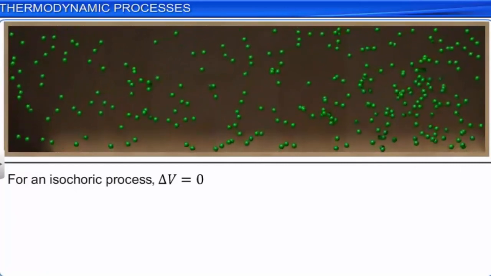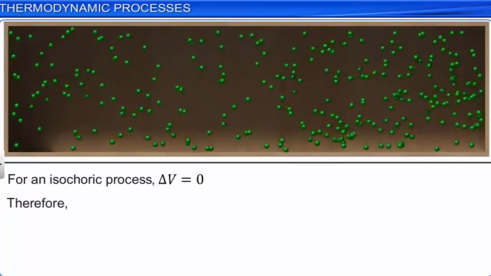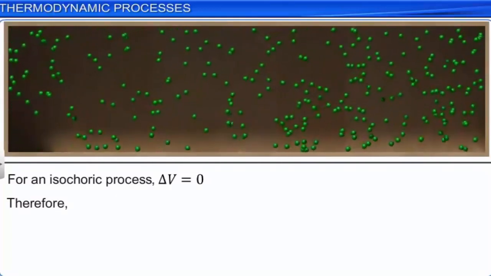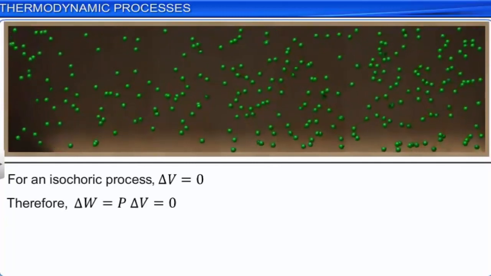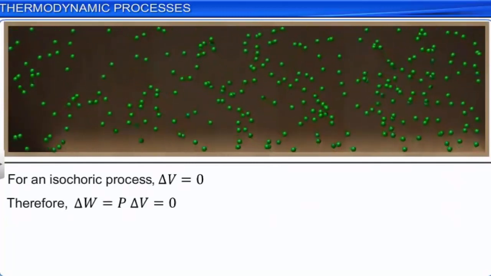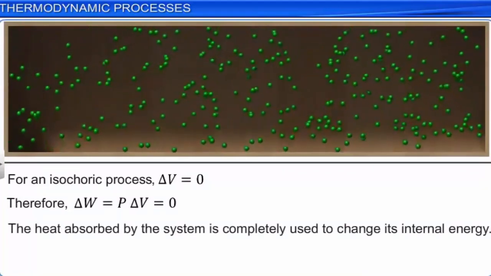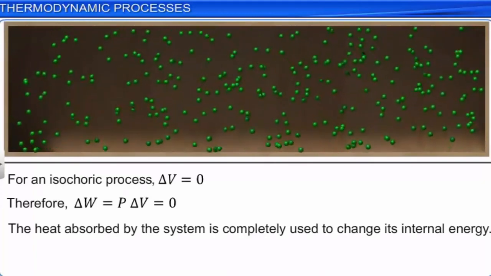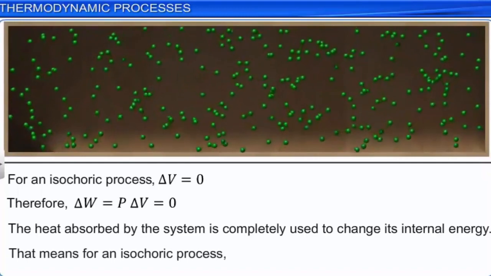Therefore, the work done by the system, delta W is equal to P delta V, which is equal to 0. The heat absorbed by the system is completely used to change its internal energy. This means that for an isochoric process, delta Q is equal to delta U.